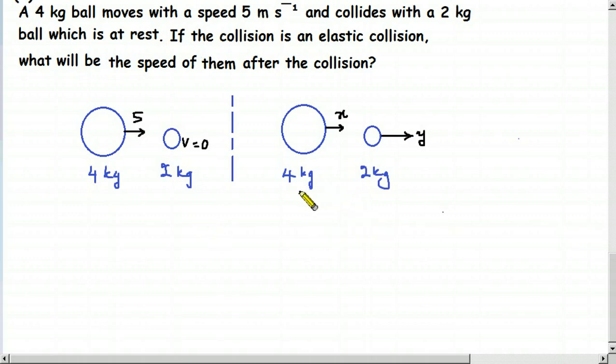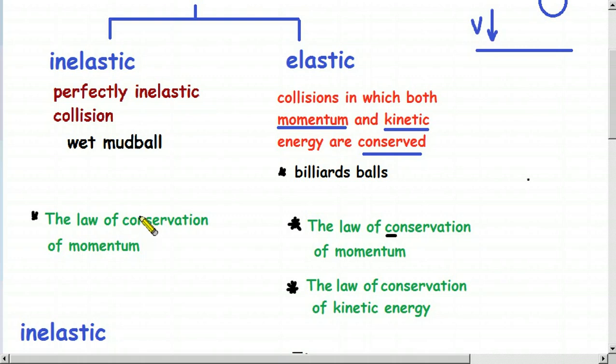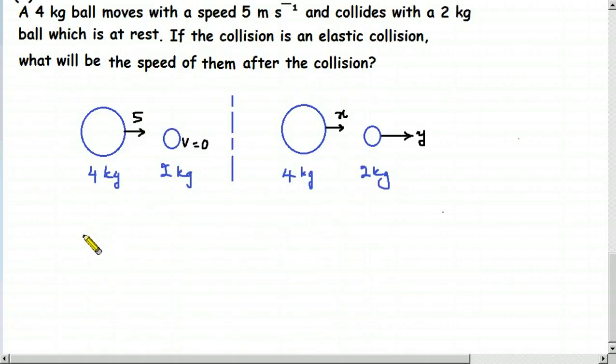So children, first of all we can write the equation that we used in the earlier calculation. This one can always be used for both collisions, whatever the collision, because the theory is like that.